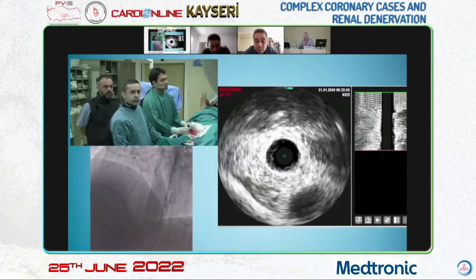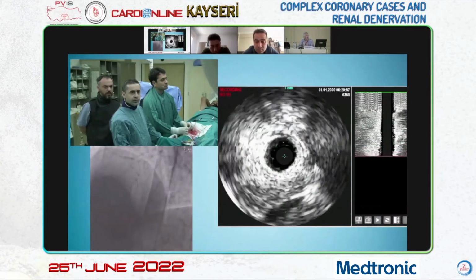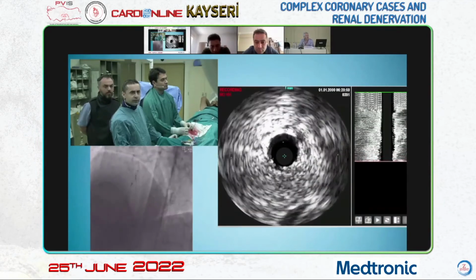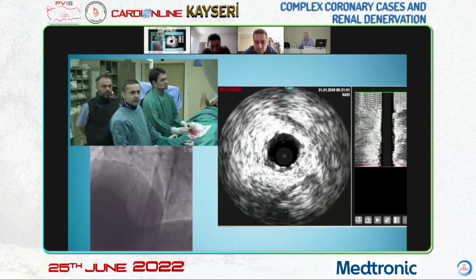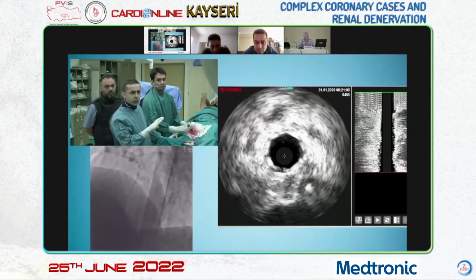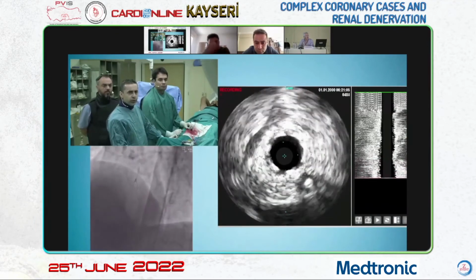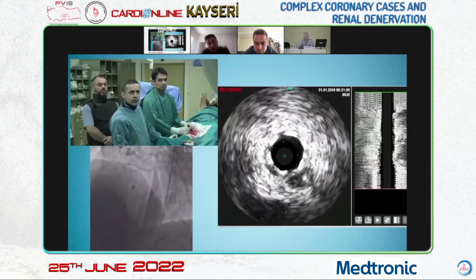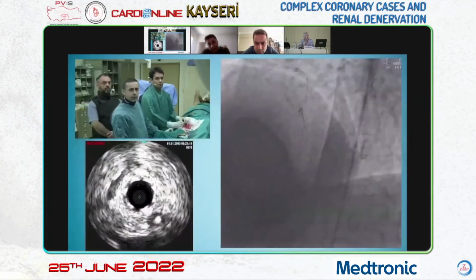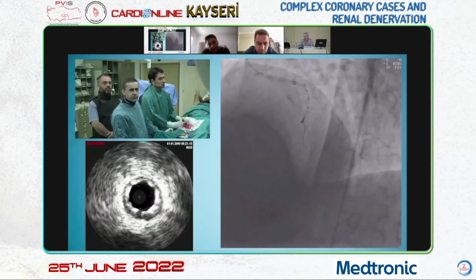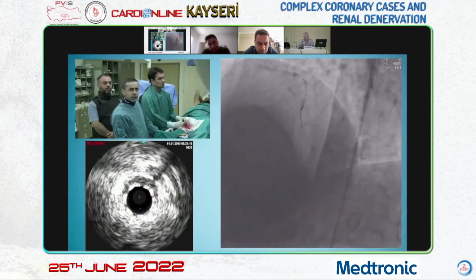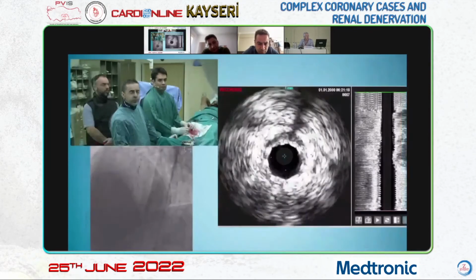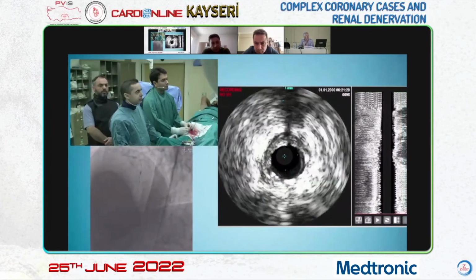We don't see a plaque load there. We will enter into the stent. Right here, the opening is very good. There is no emptiness. The plaque is compressed. I think the opening is very good.